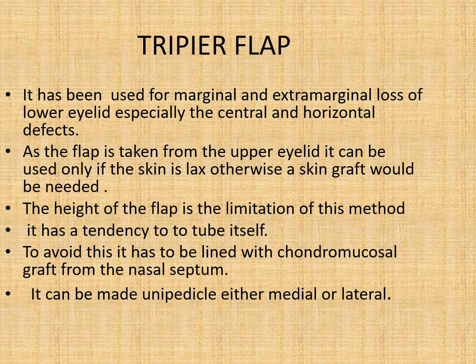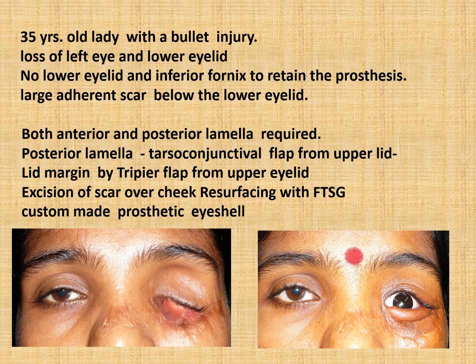The height of the flap is the limitation of this method. It has a tendency to tube itself. To avoid this, it has to be lined with chondromucosal graft from the nasal septum. It can be made unipedicle or medial and lateral.